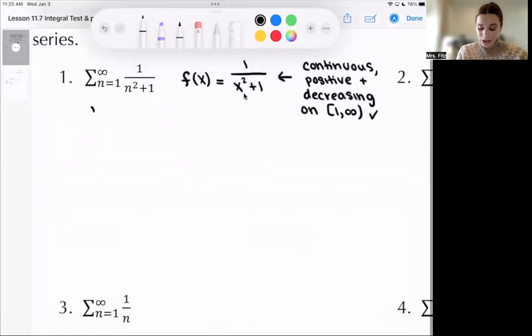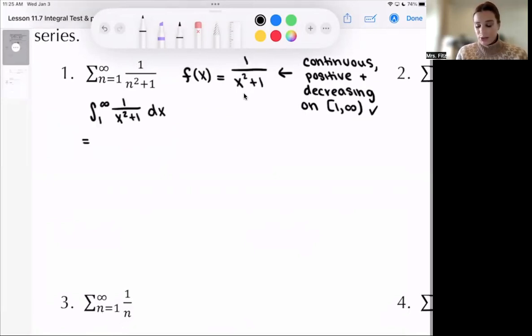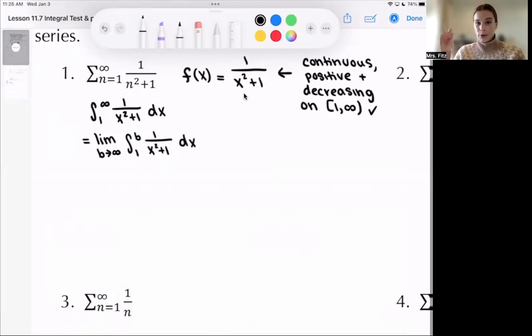Okay, so now we're going to set up our improper integral. So we have the integral from 1 to infinity of 1 over x squared plus 1 dx. Remember, to calculate this, we can write this as a limit as b approaches infinity of the integral from 1 to b of 1 over x squared plus 1 dx. From here, we're going to take the integral of 1 over x squared plus 1. We should be fairly familiar with that by now. That's our arctangent.